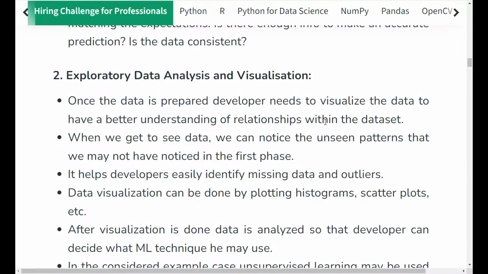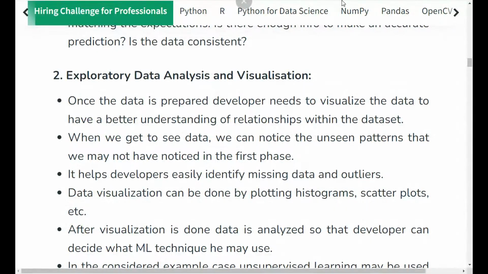What kind of graphs will you use to analyze this kind of data, to find out the relationship between multiple values? Scatter graph is the right answer. So you need to understand what kind of data you can visualize. This is another type of intelligence that you should have. Everybody has learned the same thing, but you should know what kind of data you can visualize. This is another thing that I'm giving you to prepare for the interview.